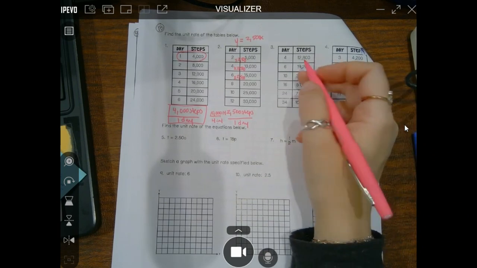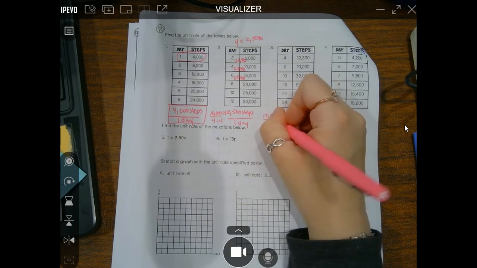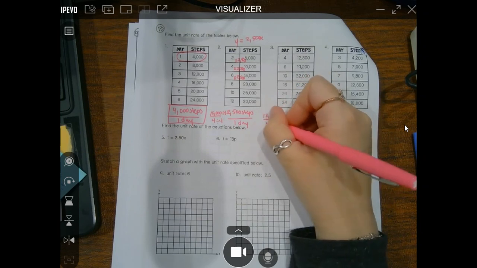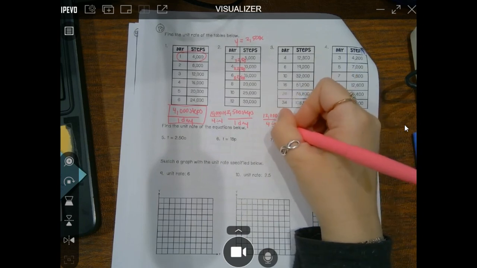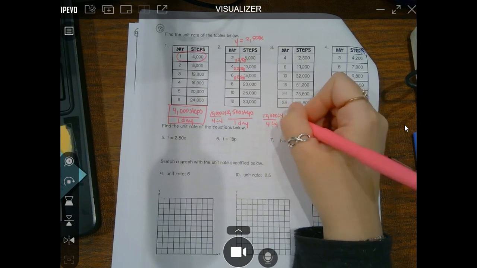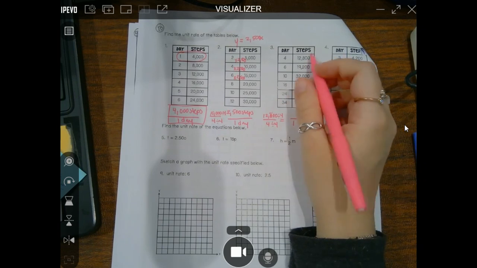Okay, so again, what if I were to pick this point? Y per x, okay, and I want that denominator to become 1, so what would I have to divide it by? Itself. And then whatever you do in the denominator, do in the numerator. Well, what's 12,000 divided by 4? Oh, and it wasn't 12,000, sorry, it was 12,800.